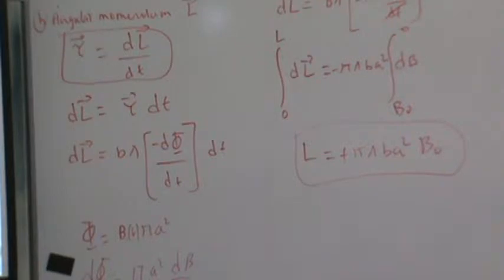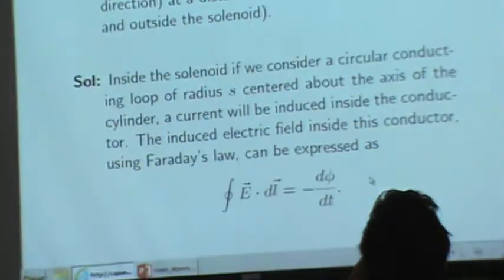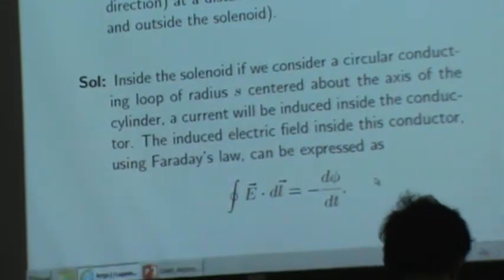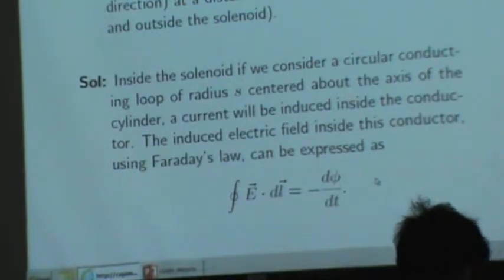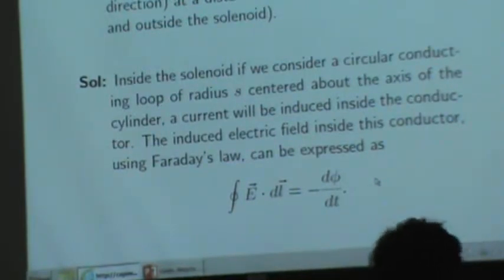All right. It says a long solenoid with radius a and n turns per unit length carries a time-dependent current I(t) in the phi direction. Find the electric field magnitude and direction at a distance s from the axis, both inside and outside the solenoid.